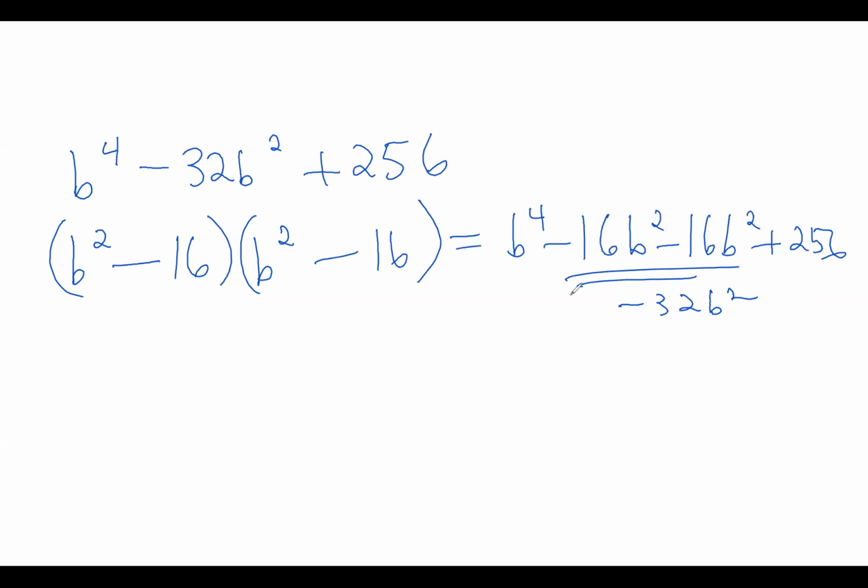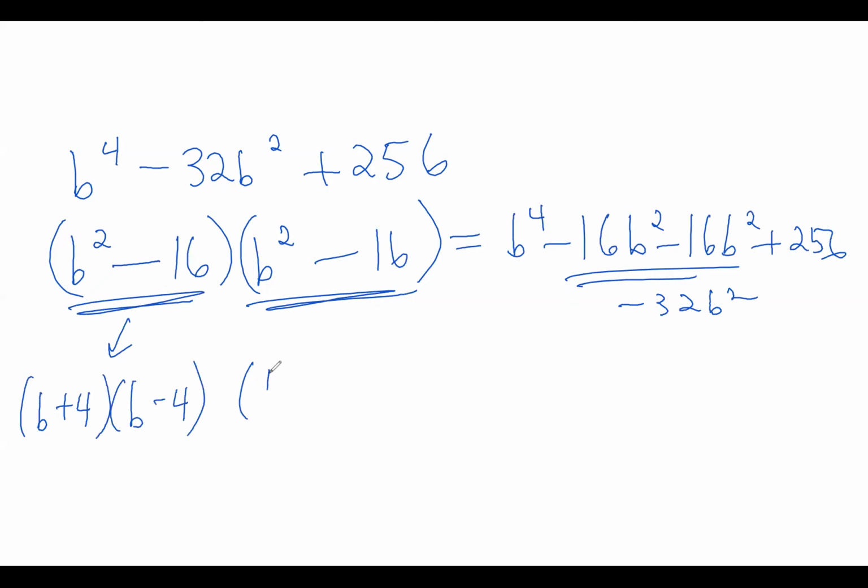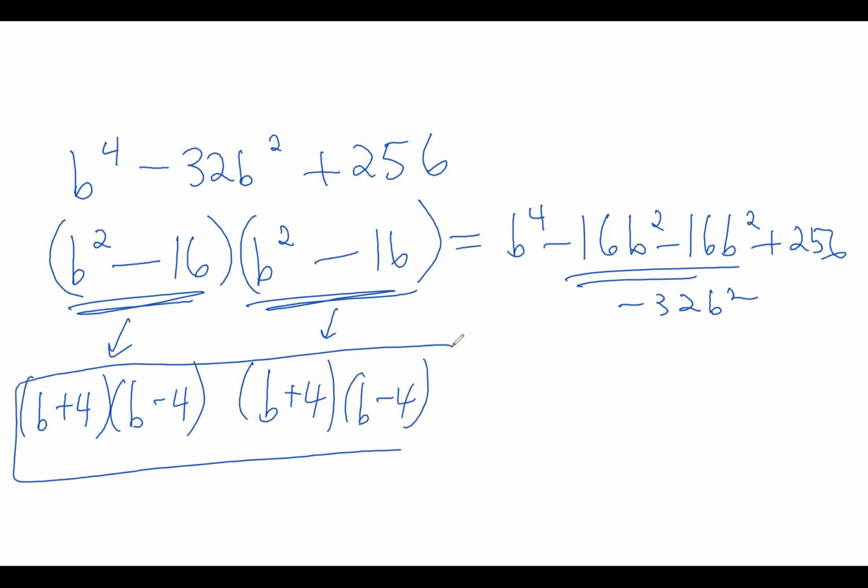Okay, so maybe this is how you would factor it. Each of these b squared minus 16s gets broken down more into b plus 4, b minus 4, and then again, b plus 4, b minus 4. So this is a much longer way of writing the final answer. B plus 4, b minus 4, b plus 4, b minus 4.